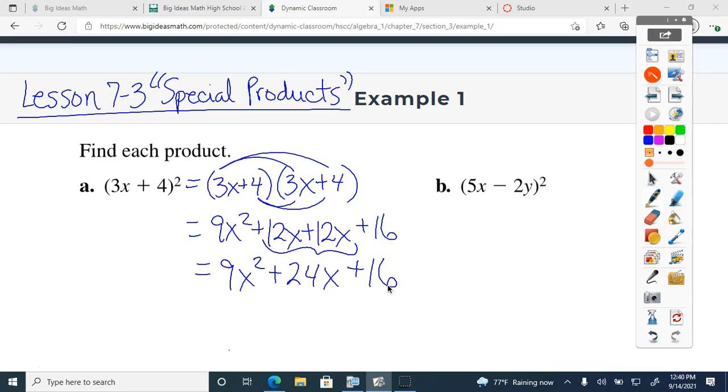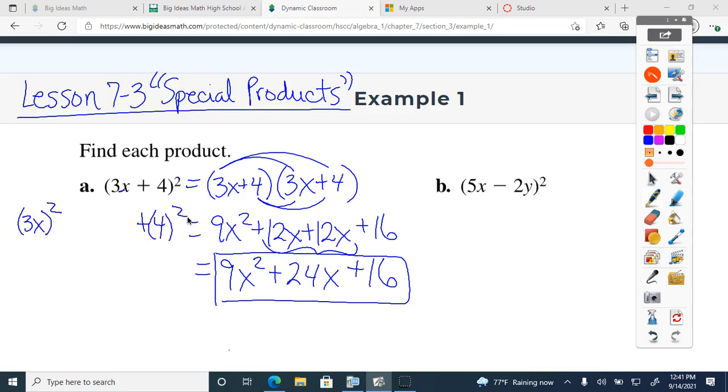9x squared plus 24x plus 16. That would be your final answer. The alternate way of doing it is taking this part and squaring it, 3x squared. Taking the last one and squaring it, 4 squared.